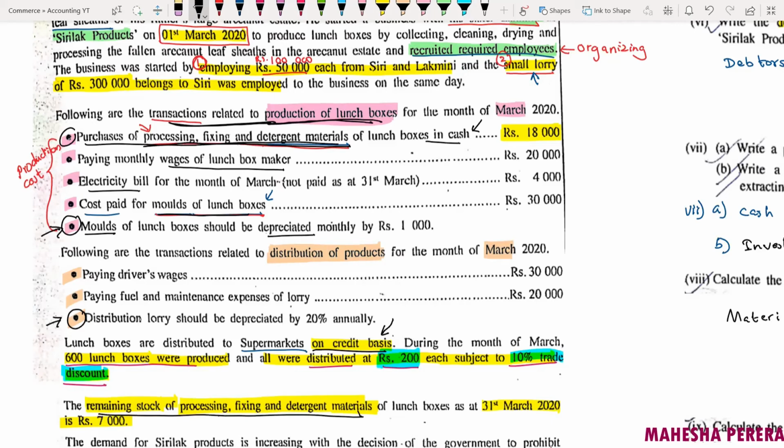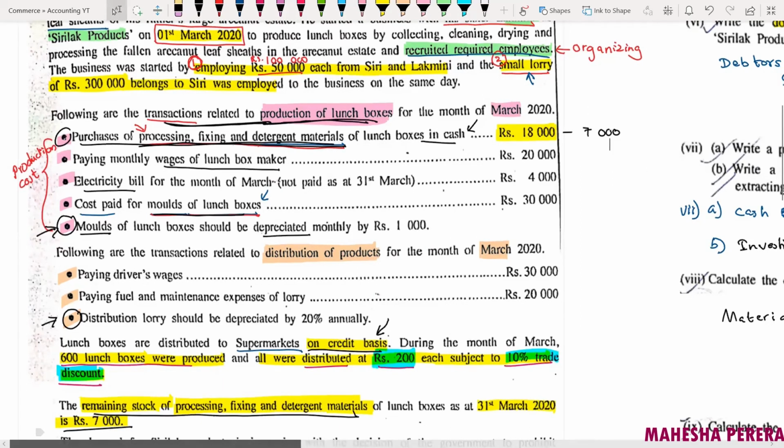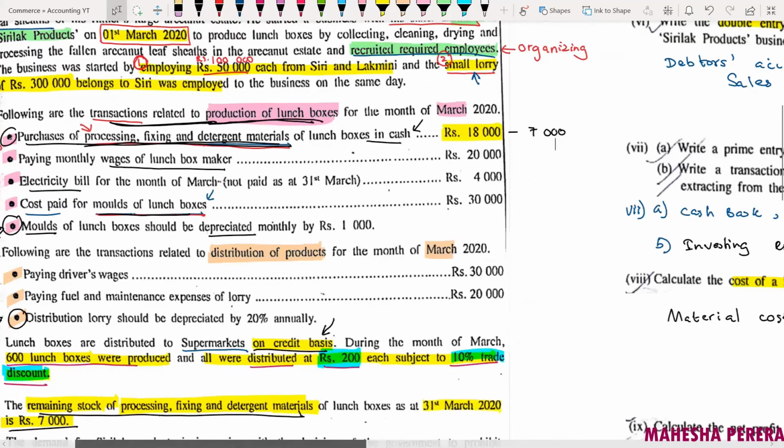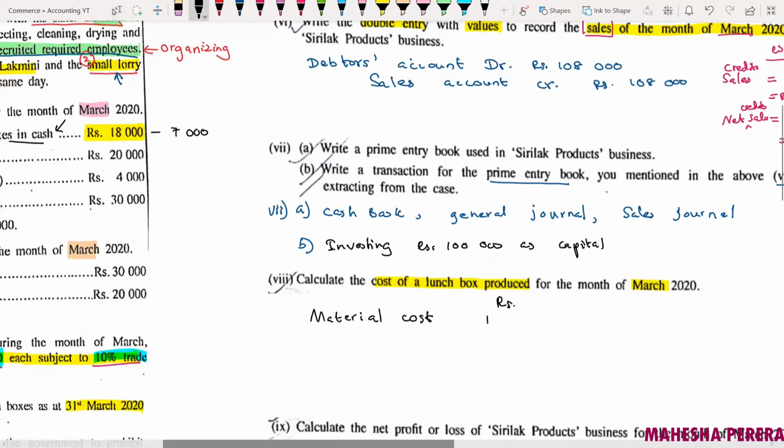Is as at 31st of March, 7,000 rupees. So you need to take off, reduce 7,000 from this 18,000. And 11,000 only you are going to record here. So know how to deal with a remaining stock of materials. When you have a remaining stock of materials, this is how you record, right? Deduct the remaining stock. Now you have to record 11,000.